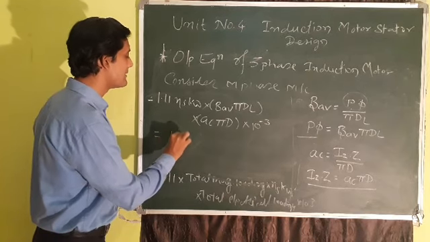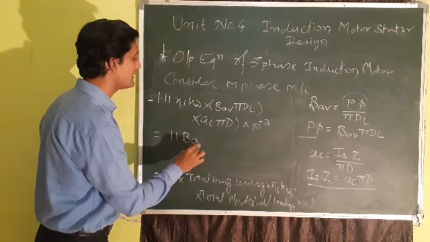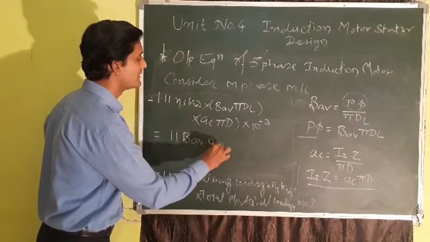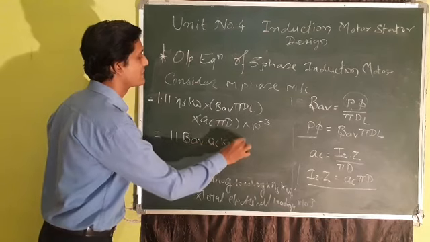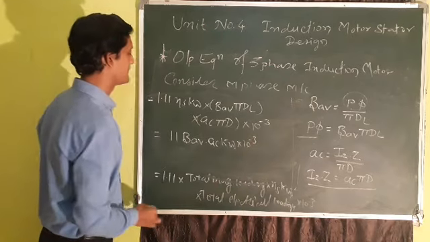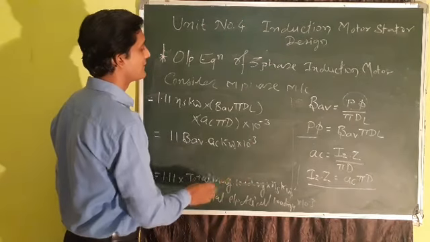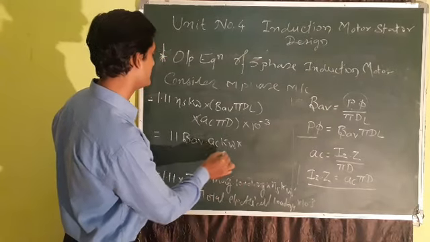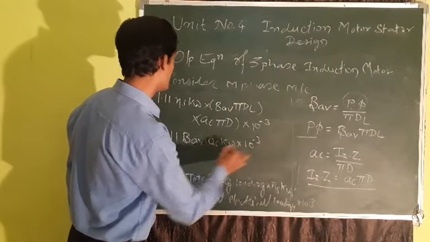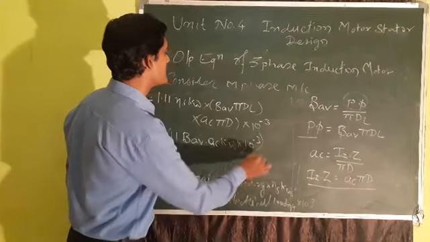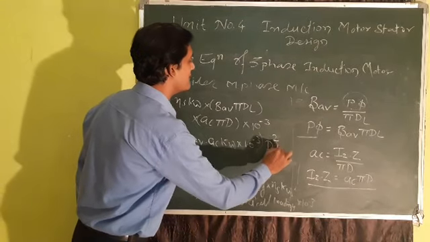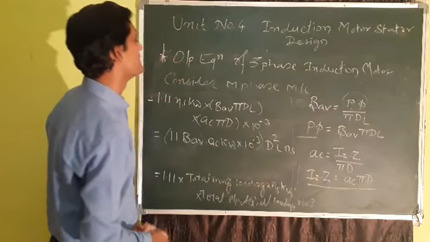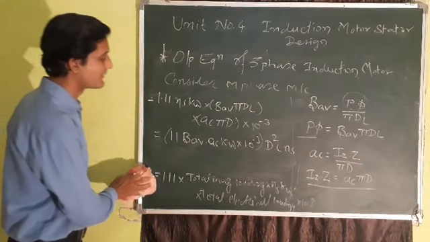So 11 Bav ac Kw into 10 raised to power minus 3, into d square L into Ns.